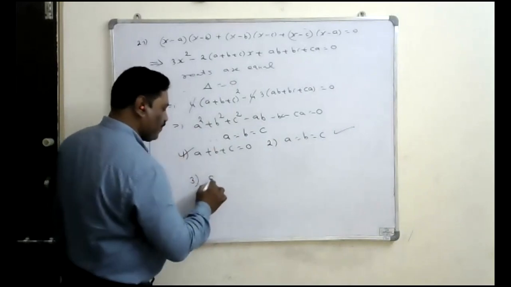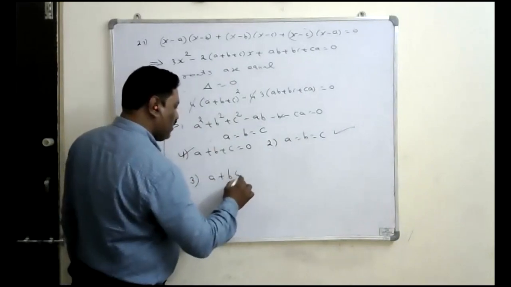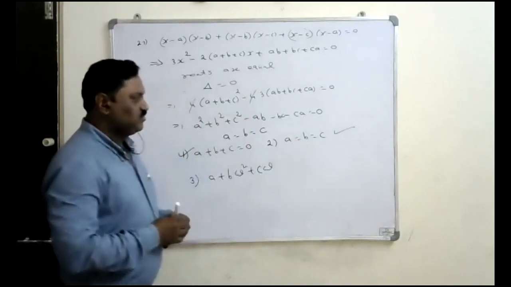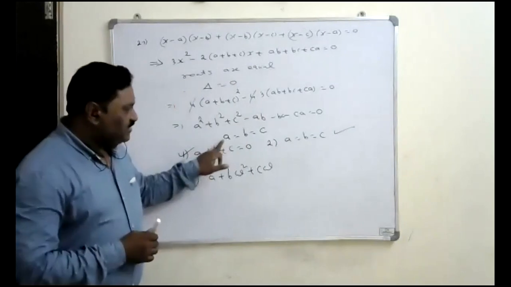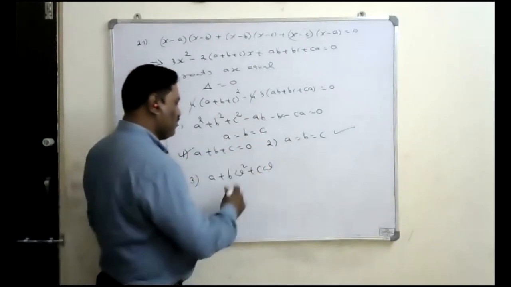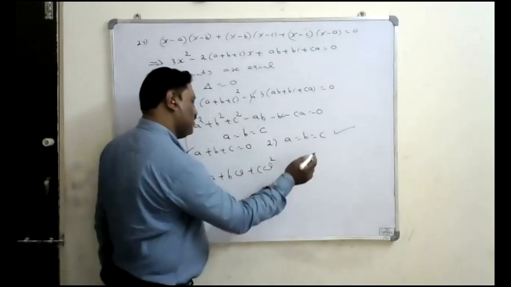Third option is A plus B omega square plus C omega, right? So let it be, whatever it may be.